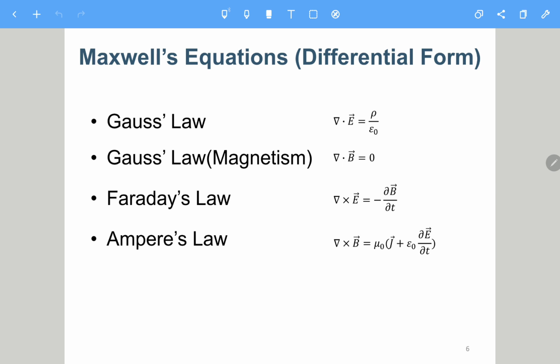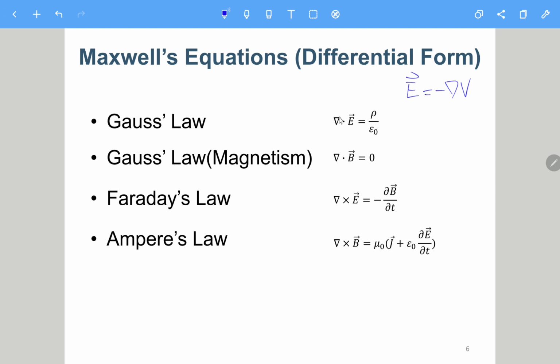And actually, this upside down triangle, I think you have learned it before in chapter 24 when we talked about the electric potential. We have an equation like E equals negative gradient V. We have actually seen this upside down triangle before, and here this is a little bit different.